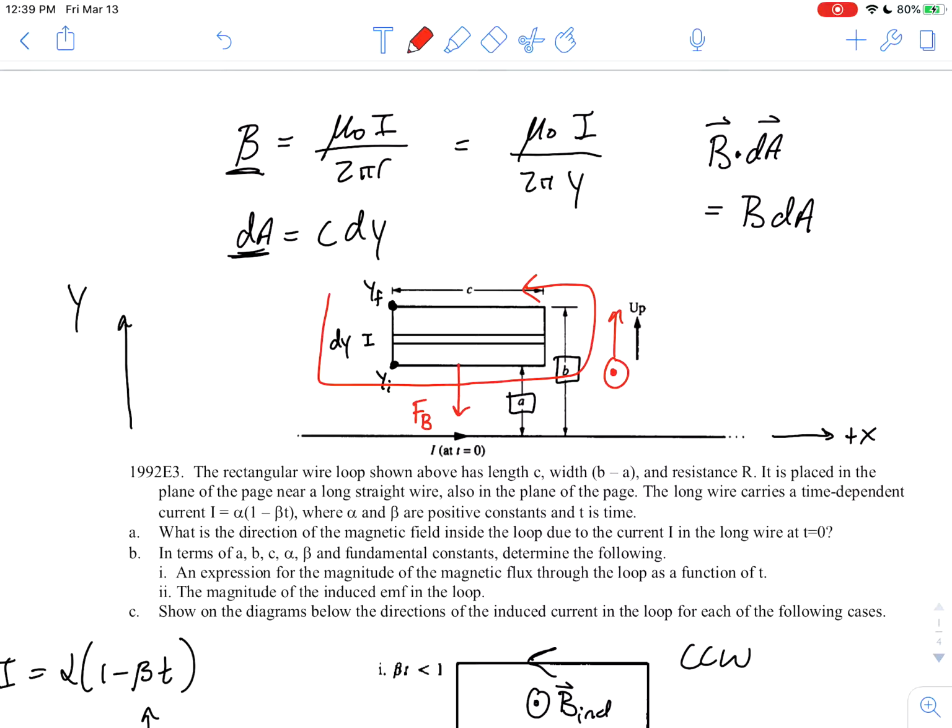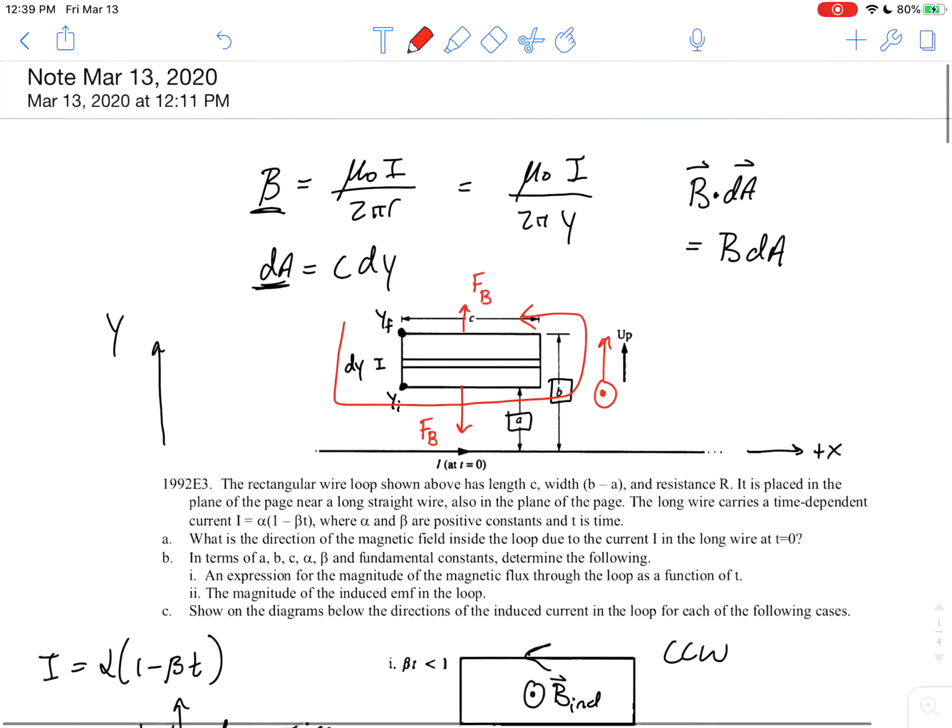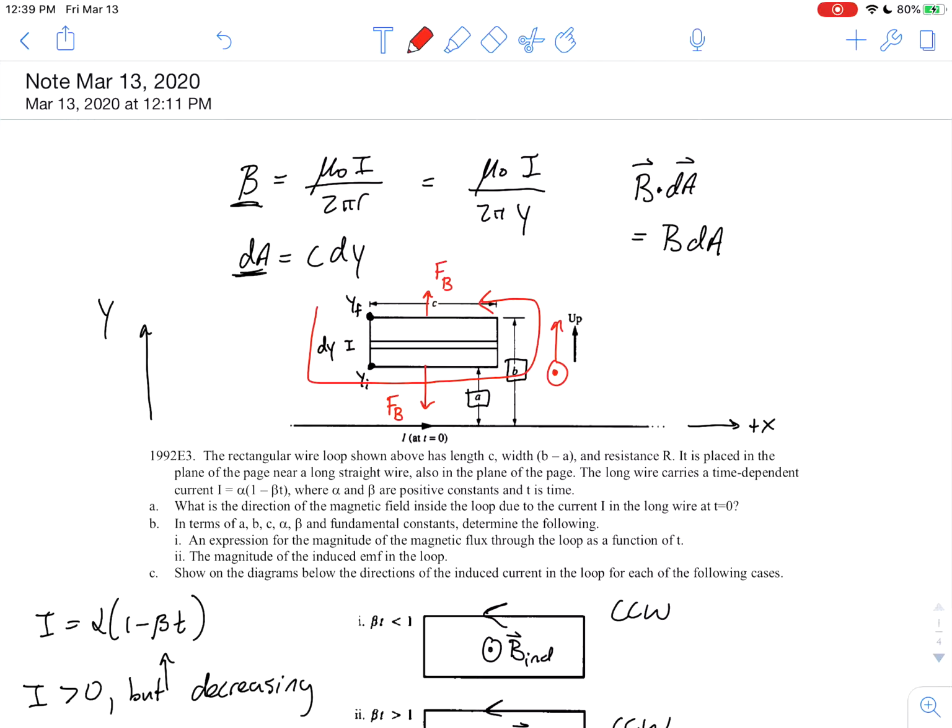And then if you look at the top portion of the wire, you've got thumb pointing to the left with current, B field is out of the page, and so we have a magnetic force up here that is in the upward direction. But even though the current is constant throughout that loop of wire, the B field is decreasing as you go in the positive Y direction, which means if we look at the magnitude of this force, it's ILB.